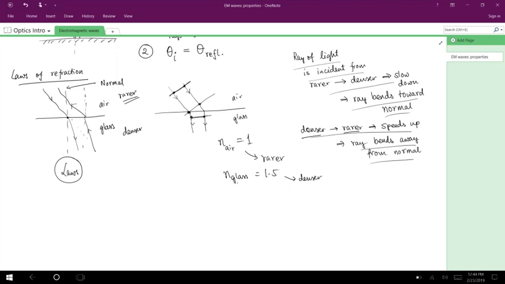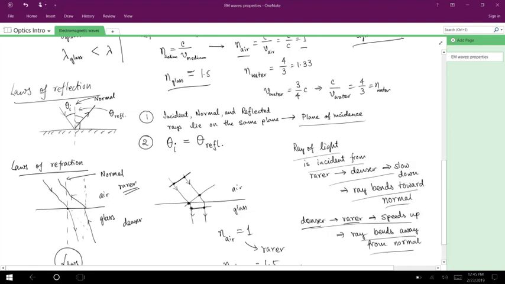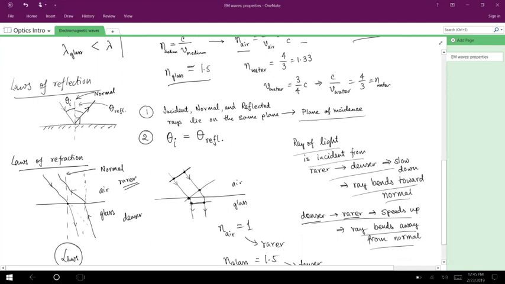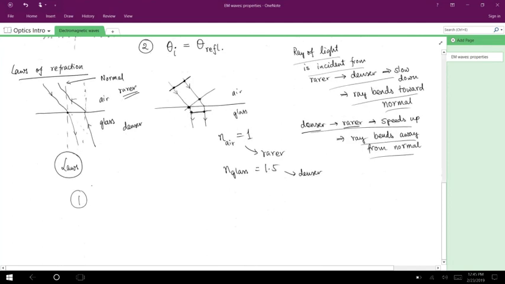That's the idea. Okay, so now let's state the laws of refraction. Again, the first of these laws is the same as the law of reflection. So incident, normal, and refracted rays lie on the same plane, which is the plane of incidence. So refracted plus incident and normal, right? Incident and normal were always in the same plane, right?